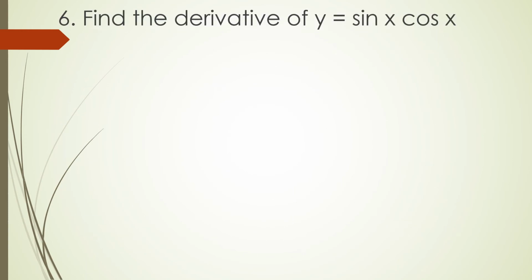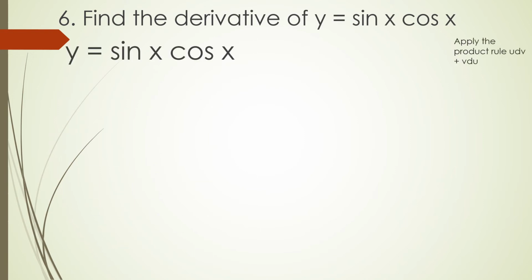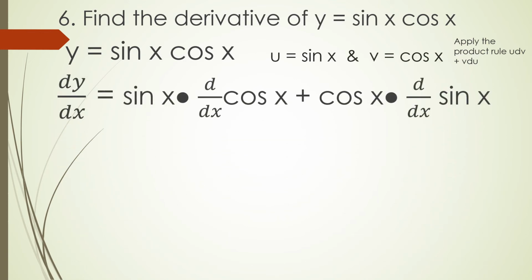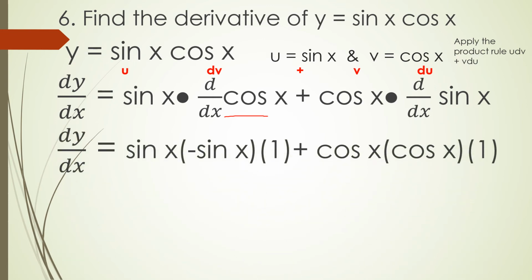Find the derivative of y is equal to sine x cosine x. Parang halata man class no, dalawang term siya. Our u is sine x, our v is cosine x. So following the product rule, u dv plus v du, our u is sine x, that's it. Our dv, derivative of cosine x, plus v du. V is cosine x, du is sine x.